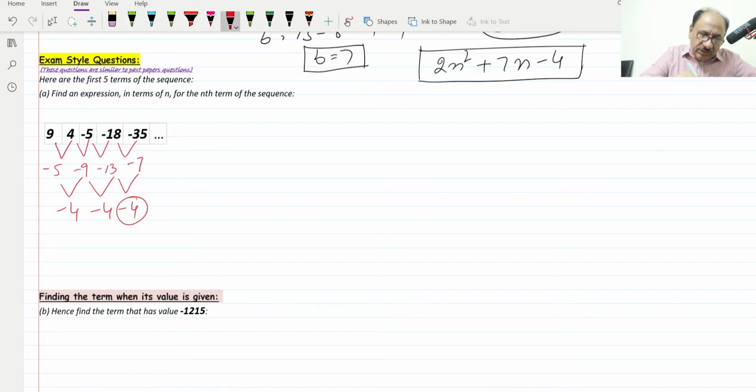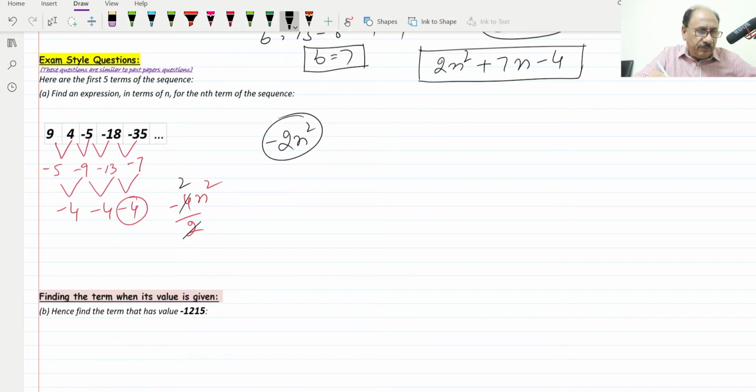Now this minus 4 we will take, and minus 4 n square will be divided by 2. After cancellation we will get minus 2n square. This will be the format which we'll be using for writing the squares.